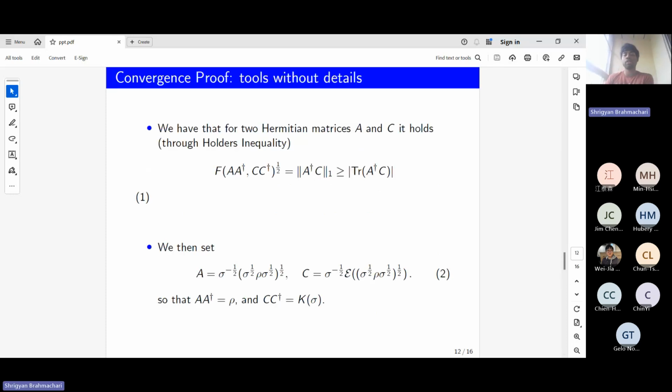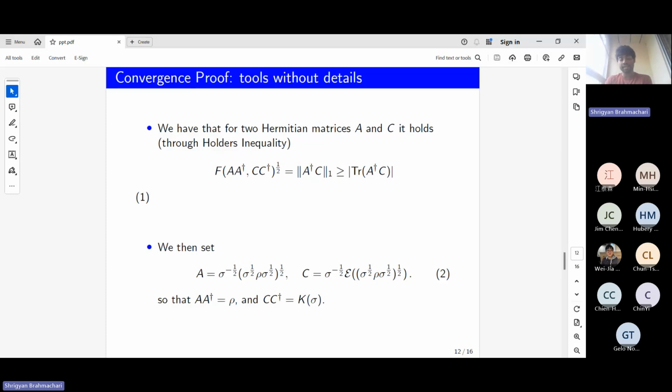This is a general property of the fidelity function. If you can write your matrices rho and sigma as A dagger A and C C dagger, ignore the half here, by the way, I'm sorry about that. In that case, the fidelity of A dagger A, C C dagger is just the trace norm of A dagger C. And using Hölder's inequality, you can show that this is lower bounded by the trace of A dagger C. Now all we have to do is cleverly pick A and C so that we get what we wanted.